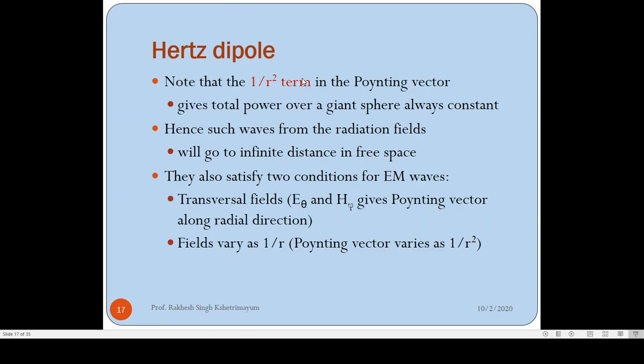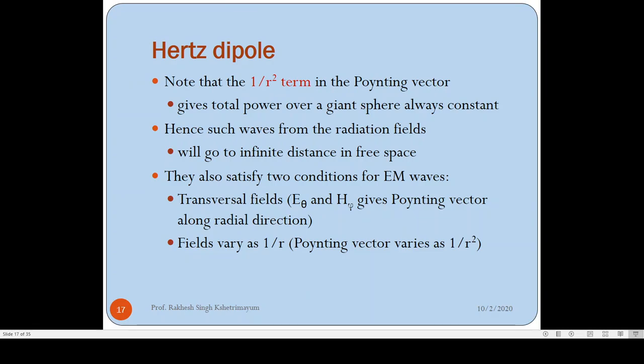The Poynting vector is power density. Consider a giant sphere enclosing this source at a very far away distance. Find the area of the sphere. Sphere area is 4 pi r square, and the Poynting vector varies as 1 by r square. So when you multiply these two, you get the total radiated power at any arbitrary distance from the source in the far field, and what you get is a constant.